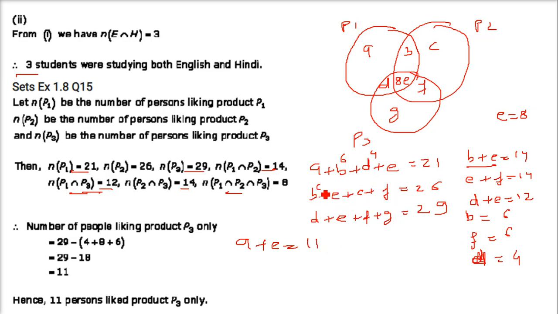Now here B is 6 and F is 6. So E plus C will be 26 minus 12.